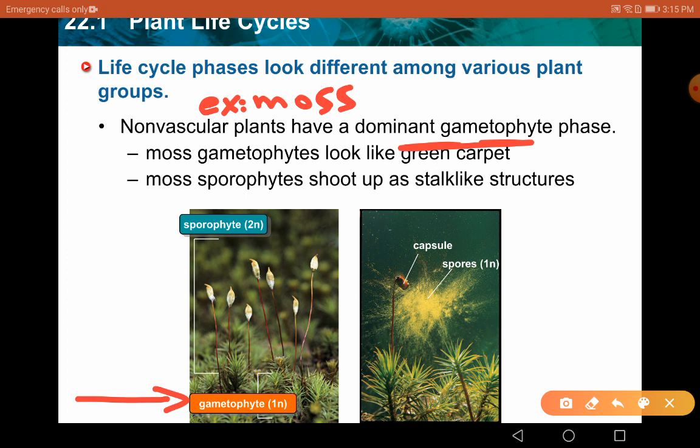Okay, and the dominant phase, as we said, is the gametophyte.